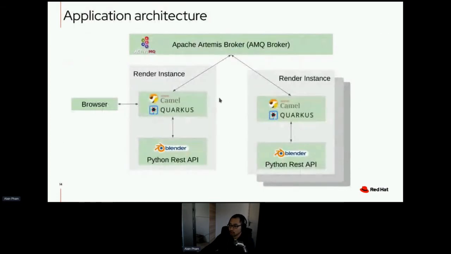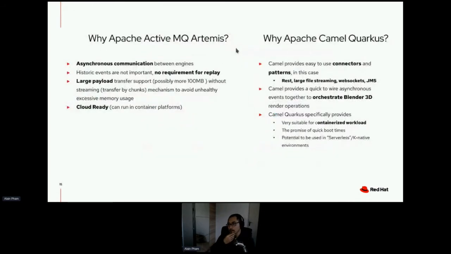And so what we could do then is, through this browser, push a blend file through it, and this blend file is published through the broker to the other instances. And then we could queue up the jobs, and then these render instances would start doing their job as they should.